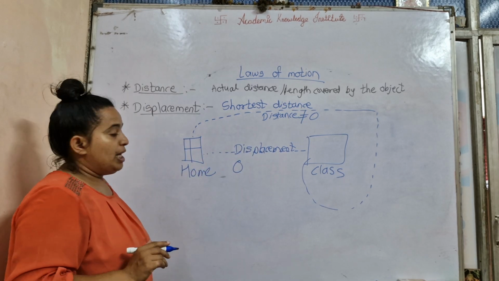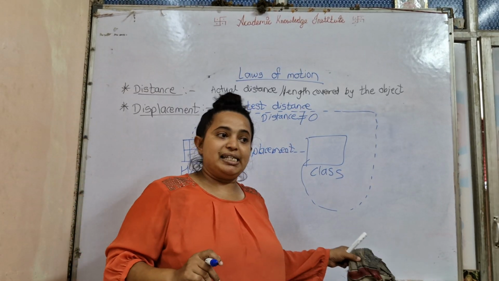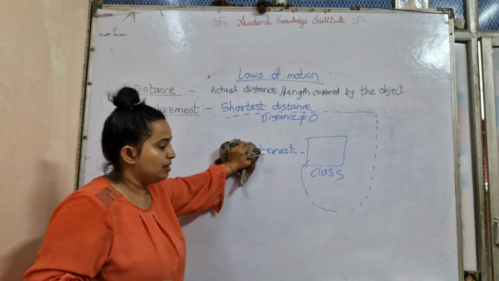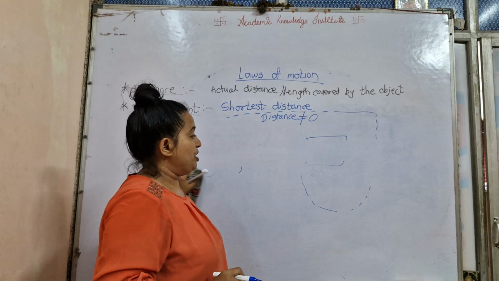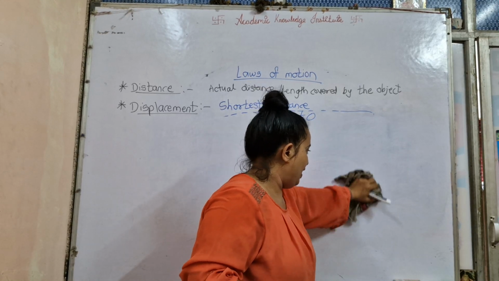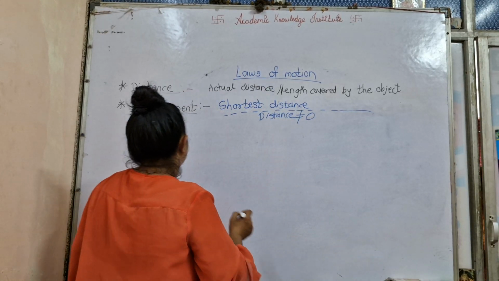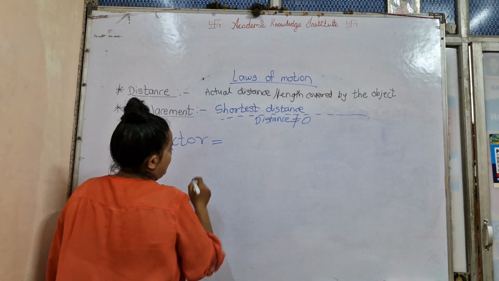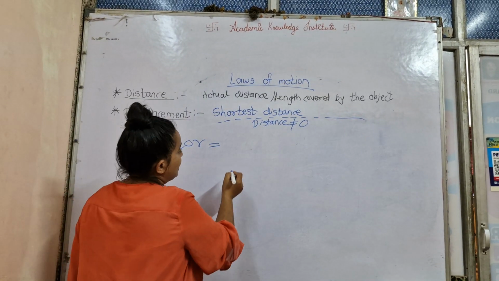Now, you have studied about vector quantity and scalar quantity. What is a vector quantity and scalar quantity? When you go for higher study, you will have vector quantities in maths also.